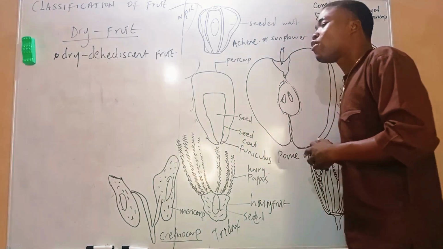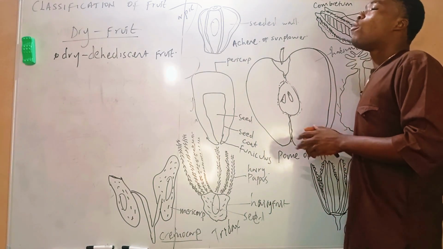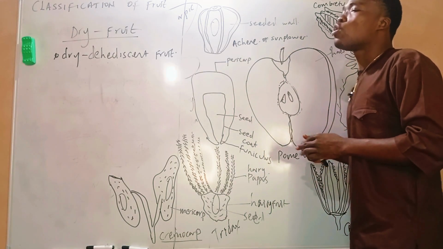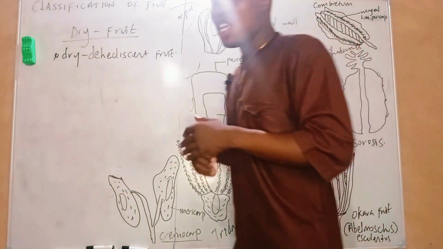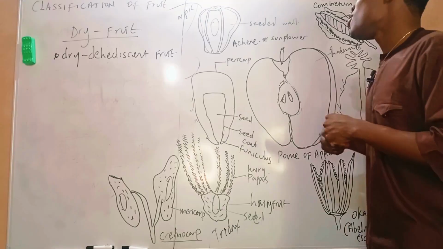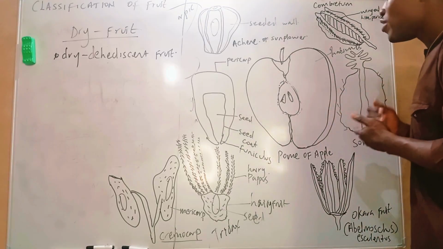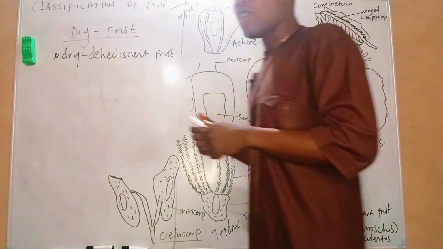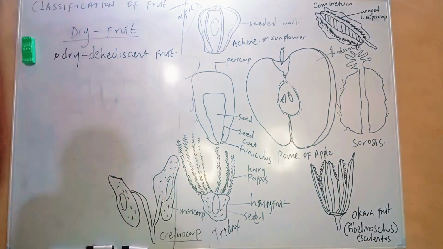A dry dehiscent fruit is a fruit in which the fruit wall, upon maturity, opens up to release the seed.